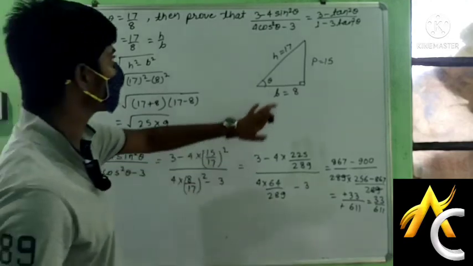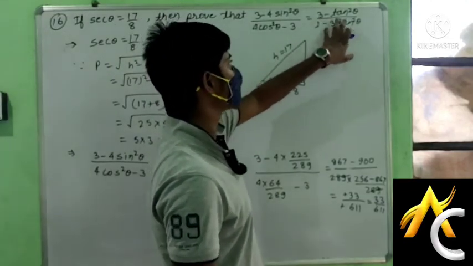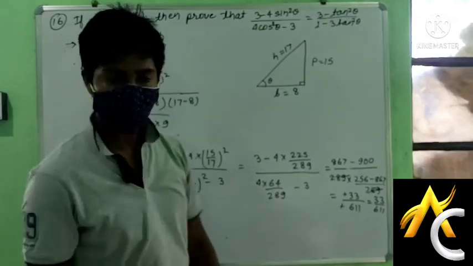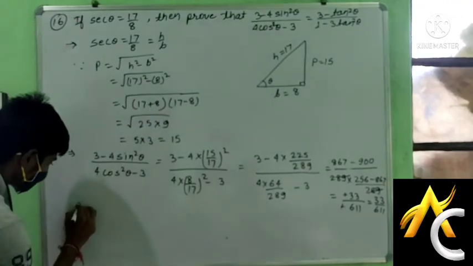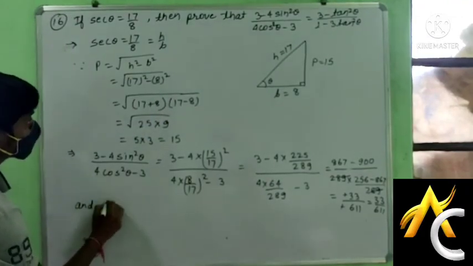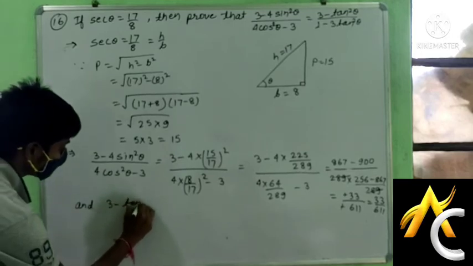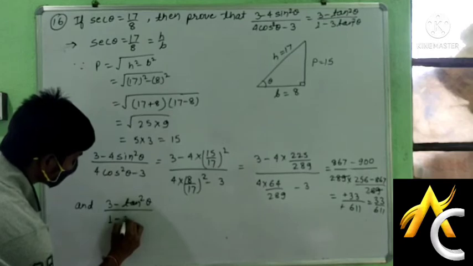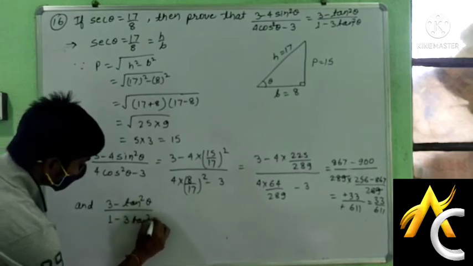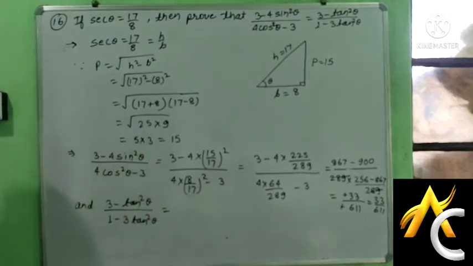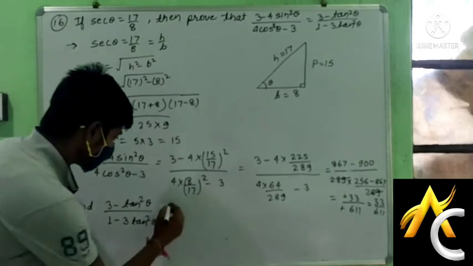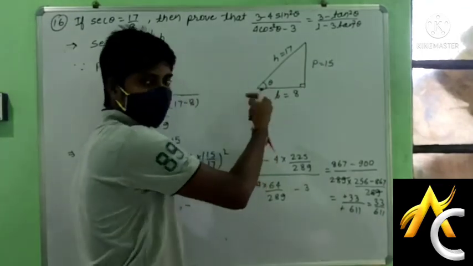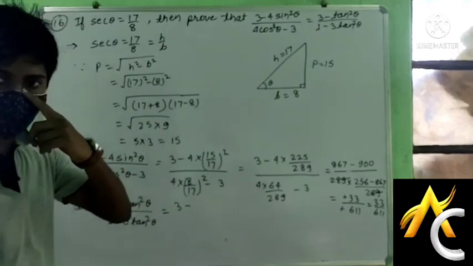Now we are going to solve or find the value of (3 minus tan square theta) by (1 minus 3 tan square theta). Okay. So (3 minus tan square theta) by (1 minus 3 tan square theta) will be equal to 3 minus, as you know that tan theta is equal to P by B, so it will be 15 by 8, right.